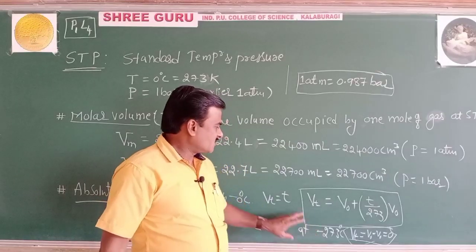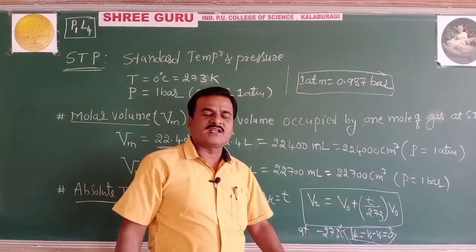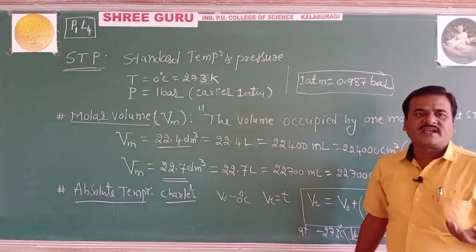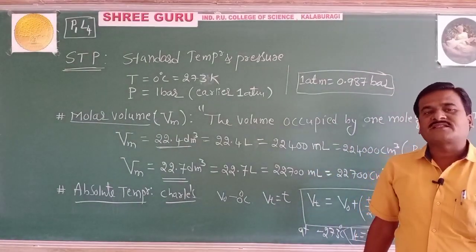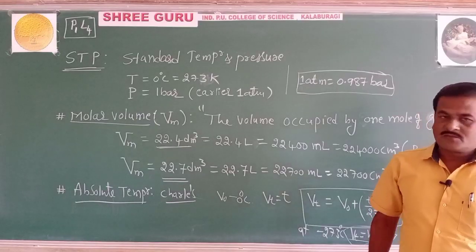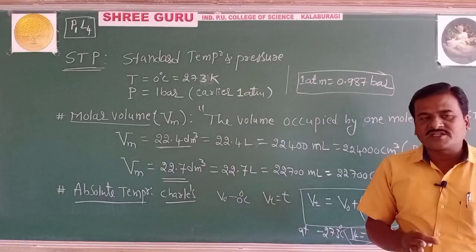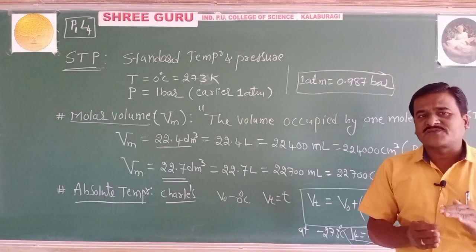So minus 273, the absolute temperature, is a hypothetical or imaginary idea, an assumed temperature at which the volume of the gas is assumed to be 0. But actually the volume of the gas cannot reach 0; it has some significant volume.